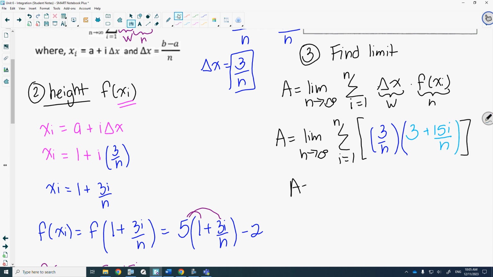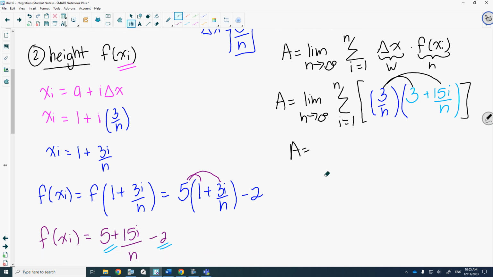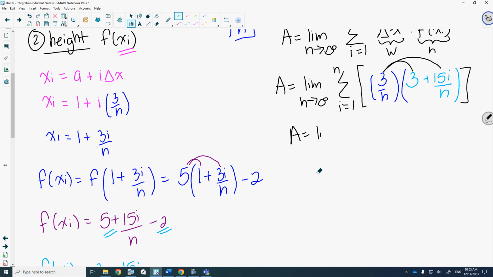From here, I'm going to just distribute this inside. And I'll get the limit as n approaches infinity, and we're going to sum up the area of each rectangle. So I'll have 9n plus 45i over n squared.